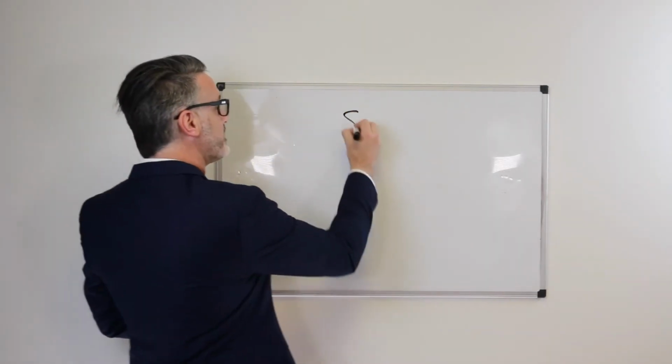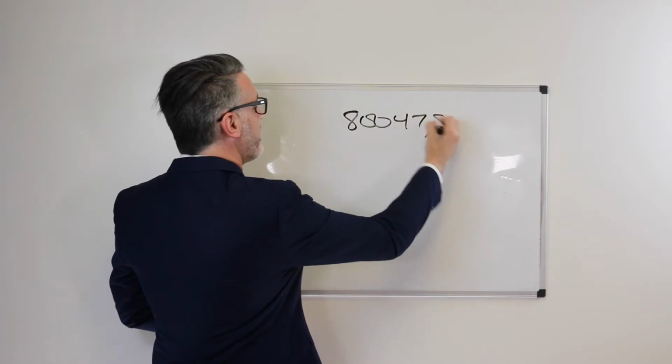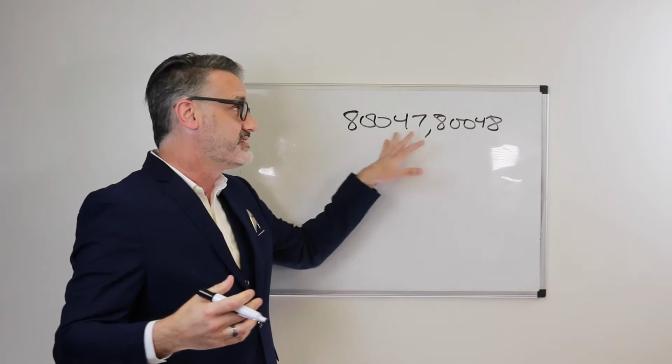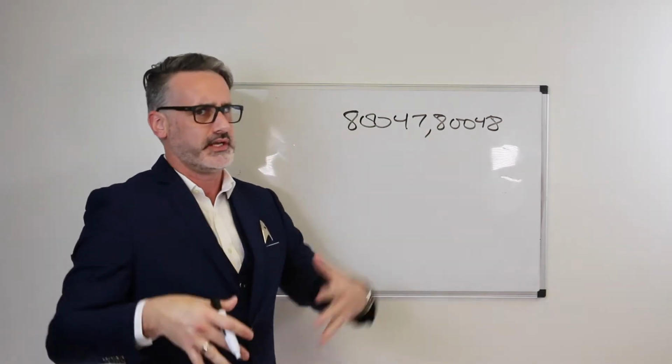So like I said, we would not want to do 80047 and 80048 because coding it that way, you're saying that the 7 items that do overlap, they're doing it twice.